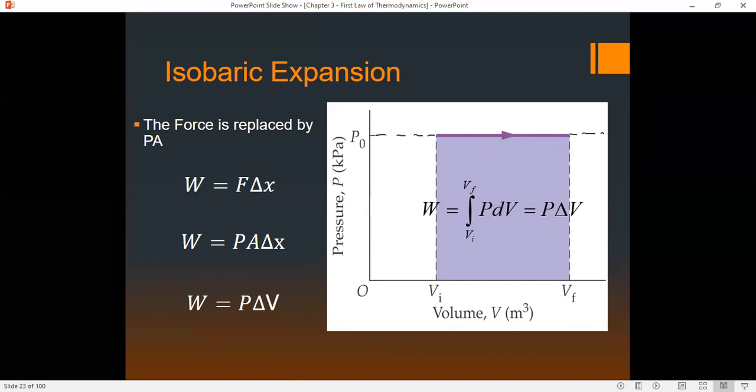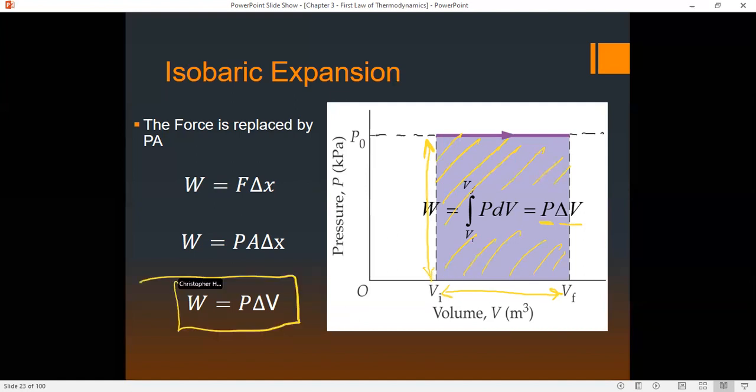And once again, according to what we said before, the work is equal to the area underneath the function, right? And in this particular case, if P is constant and we integrate over V, we just get delta V, where delta V is just the base right here. So this is just base times height for an area, and that gives us this nice work equals P delta V.